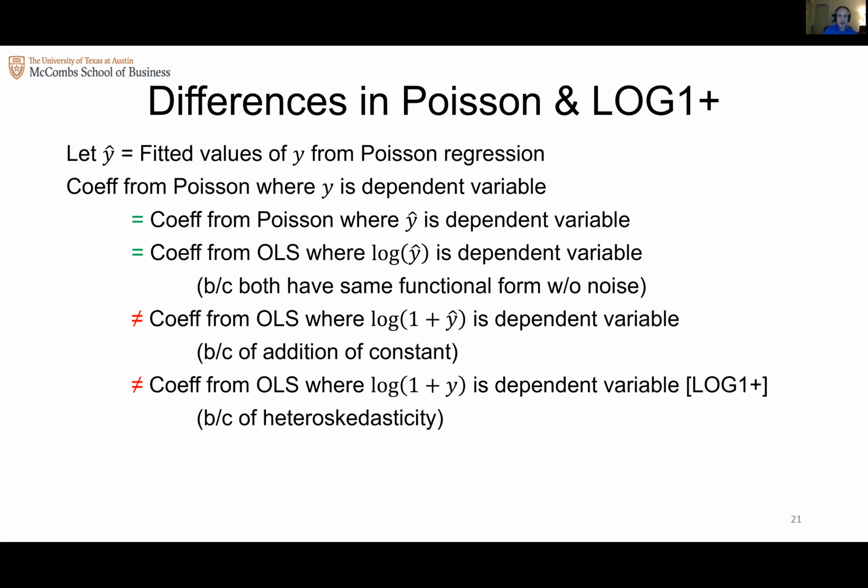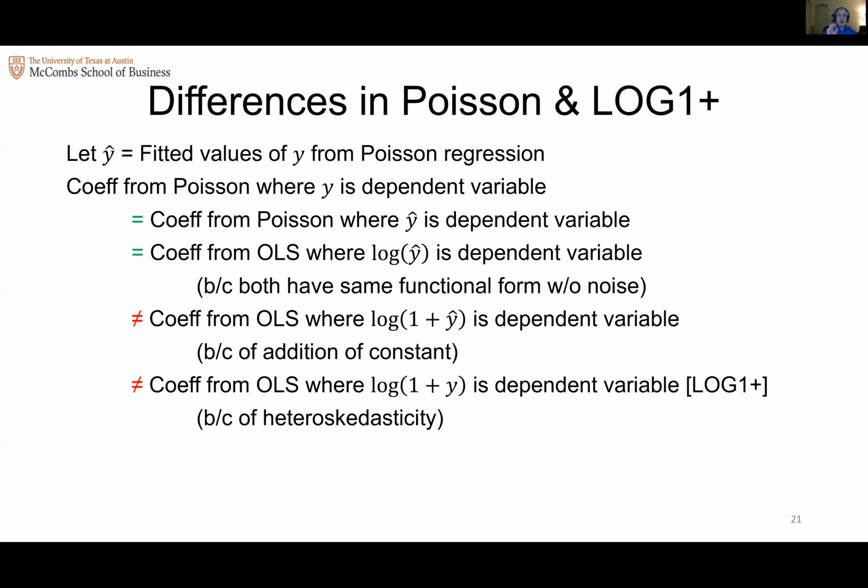And it turns out that if you were to estimate an OLS regression where the dependent variable was the log of the fitted value from the Poisson regression, the y hat, not the y, that's also going to have the same coefficient. It has exactly the same exponential functional form, as long as there's no noise, and because we're using the predicted values by construction, there's no noise in the y values. So those three things should all be the same.